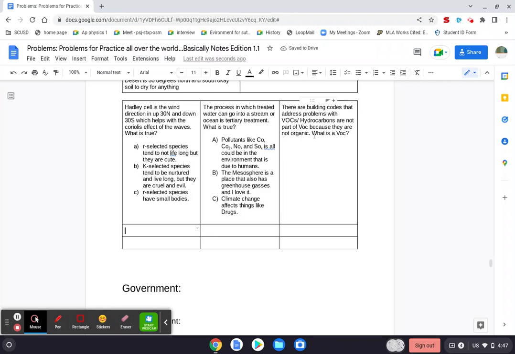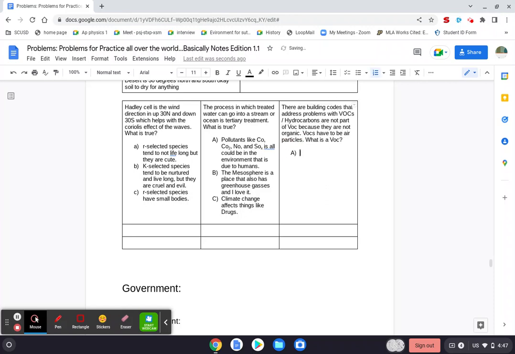VOCs have to be air particulates, basically saying they need to be in the air or they're not considered VOCs.